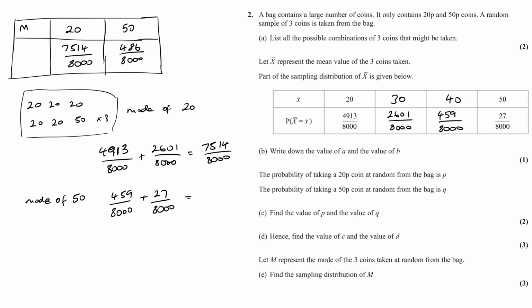So 459 plus 27 is, as you guessed, 486 over 8000. And then in here I'm just going to write our probabilities. It's going to be M equals m. And there we have that last little bit. Okay, nice and easy, because we had all the values that we needed. There's actually very little working out.